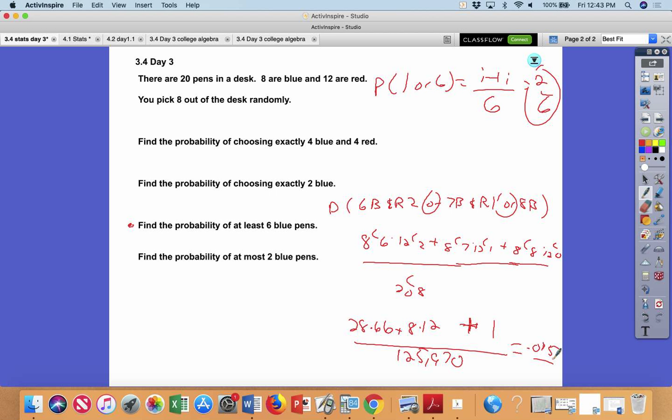There's 12 reds on the board here, and there's 8 blues. I want you to think about this again: choosing 7 blue and 1 red.